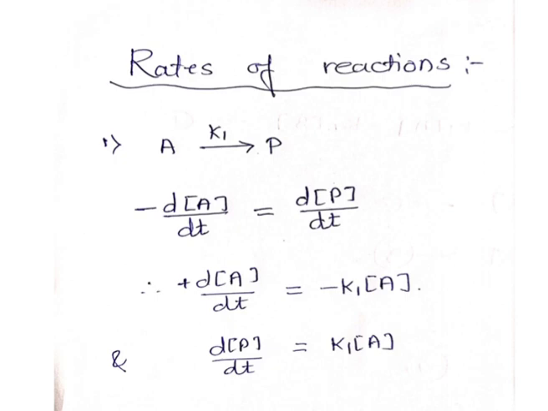A gives just one product. There is no intermediate. So you can easily write down the equation as minus dA by dt is equal to dP by dt is equal to K1 into concentration of A. This is a simple equation or a simple rate law.